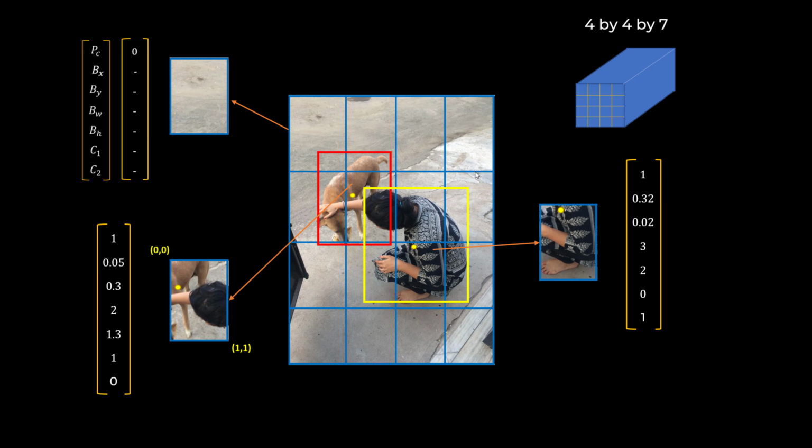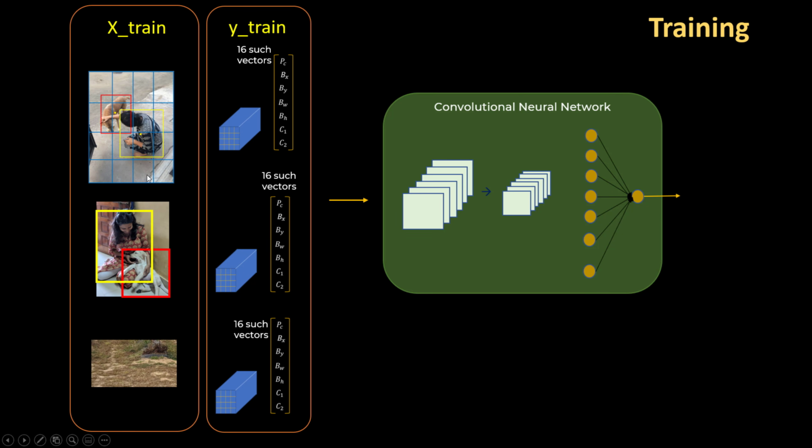So now you have the image and then the bounding rectangles. Now you can form your training data set. Your training data set will have so many such images. Let's say I'm showing only 3, for example, but you'll have 10,000 such images. Each image will have bounding rectangles, and based on those, you will first form this kind of grid, 4 by 4 grid, or 3 by 3 or 19 by 19.